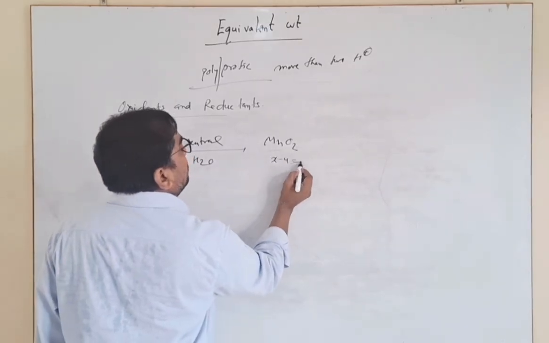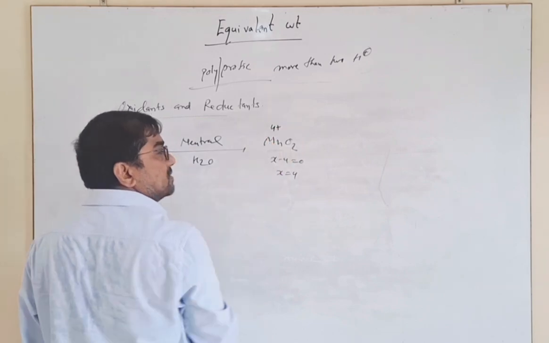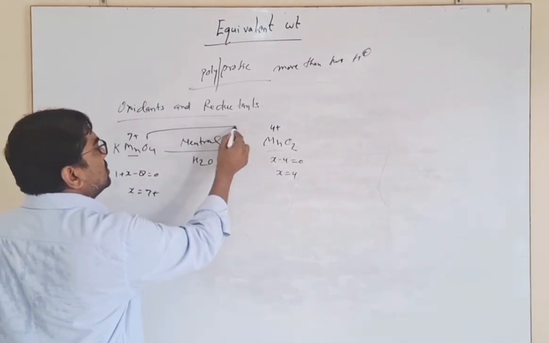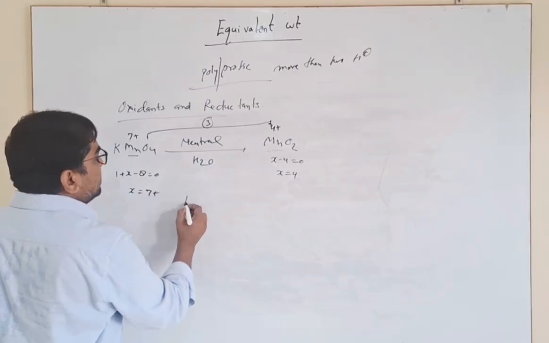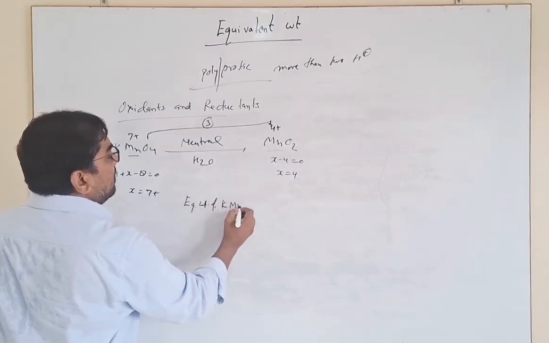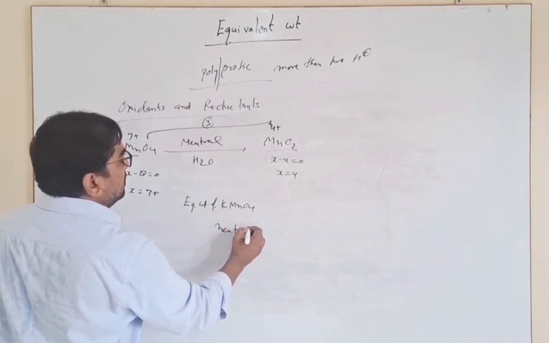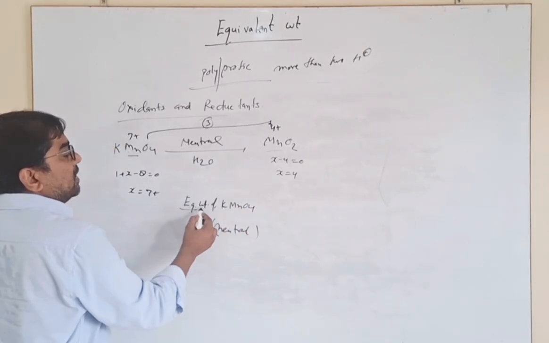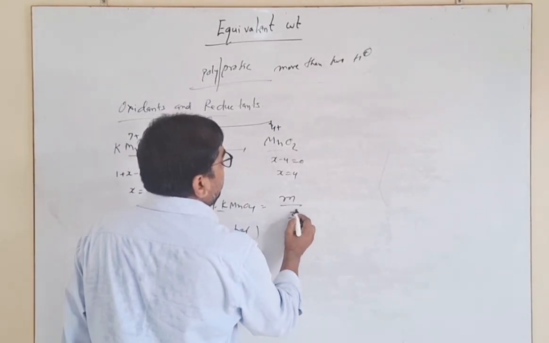Here x minus 4 equal to 0, so x equal to 4 plus. This is 4 plus. The change in oxidation number per molecule is 3. So in neutral medium, the equivalent weight of KMnO4 will be its molecular weight divided by 3.